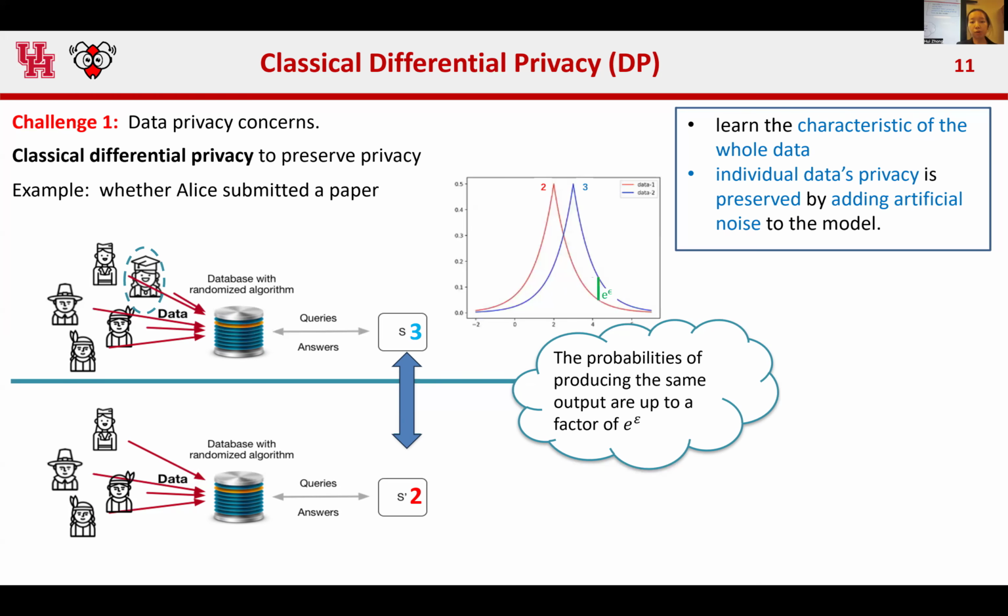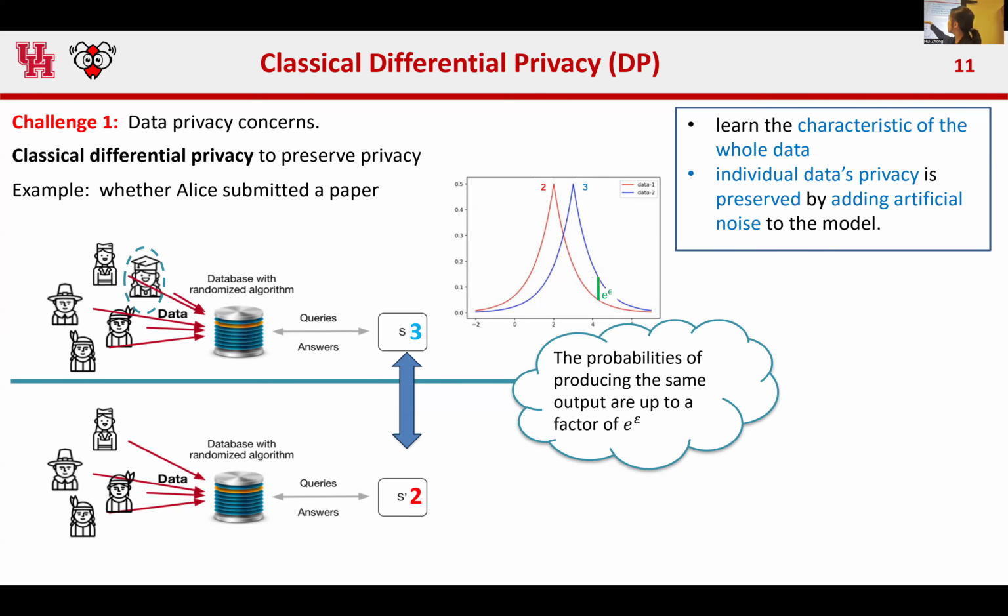So what does differential privacy do? It adds noise into these two outputs, and then the two deterministic outputs become two distributions, and after perturbing them the attacker cannot infer Alice's information. For DP, the probabilities of producing the same outputs differ by up to a factor of e to the epsilon.